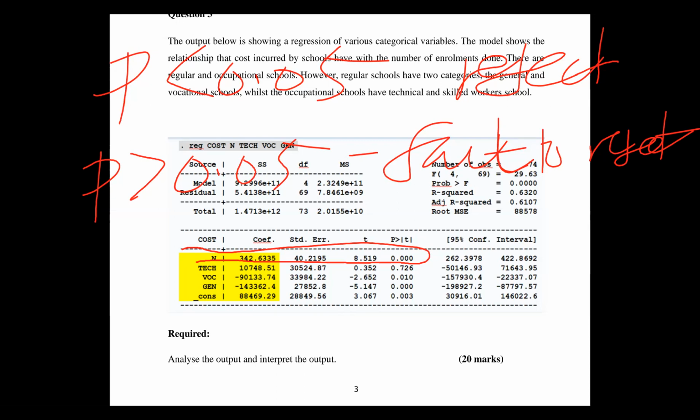I'm saying that using the T statistic, we rejected the null hypothesis. So even using the P value, this P value is less than 0.05. You know, 0.000 is less than 0.05. You are still rejecting, right? You reject the null hypothesis. The interpretation is the same.